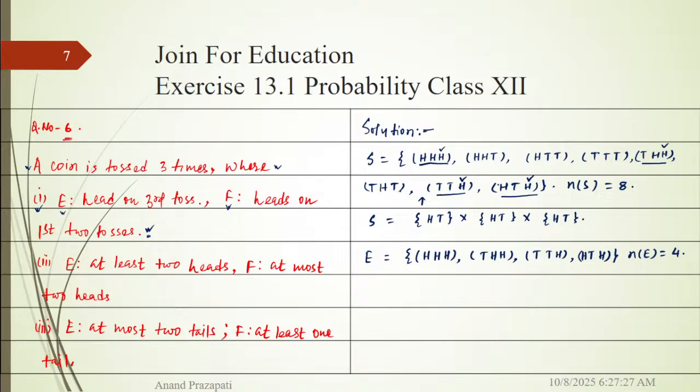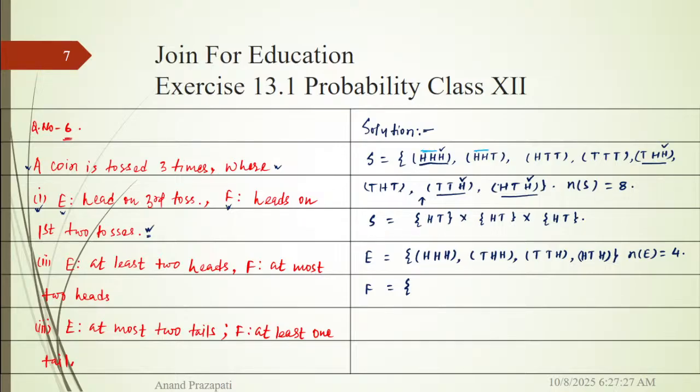Now we find out F. So we write down here F. Event F is saying that heads on first 2 tosses. It means that it will be heads on the first 2 tosses, only these two.